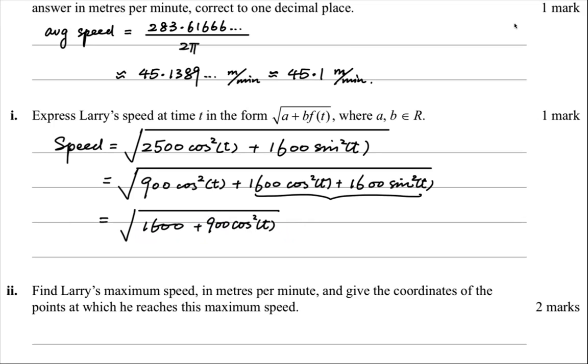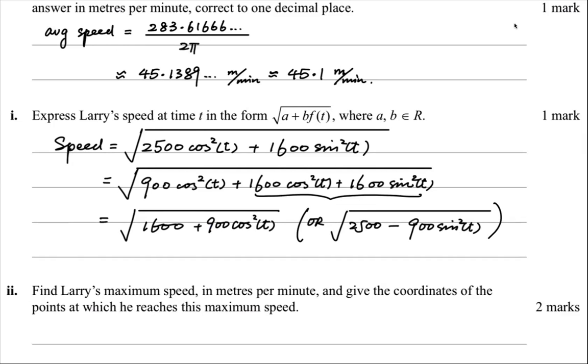Alternatively, you could also write 1600 sine squared t as, for example, 2500 sine squared minus 900. That still works. So you can also write this one as, let's say, 2500 subtract 900 sine squared t, which is also a valid form.